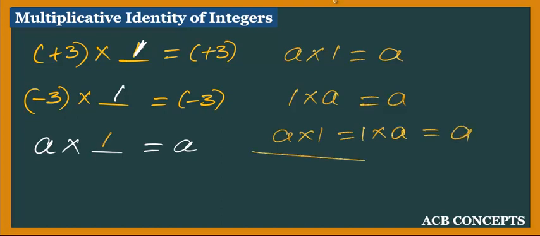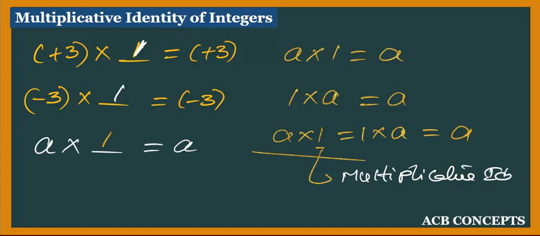So from this equation, one is the multiplicative identity for integers.